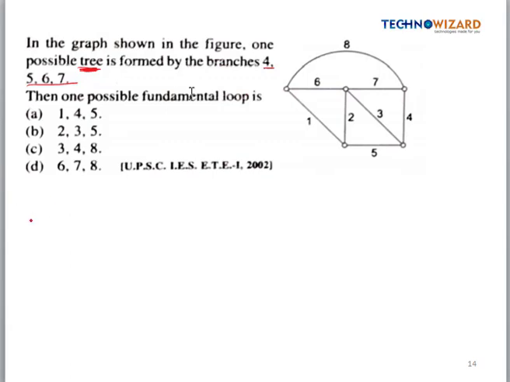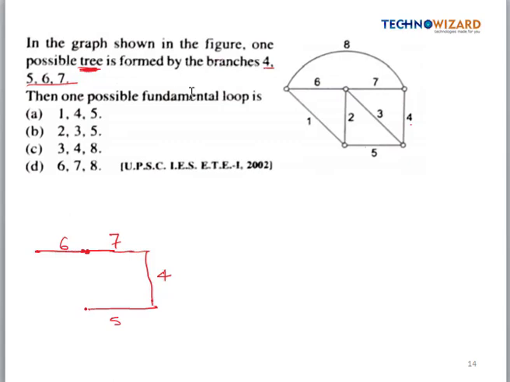We always represent a tree by solid dark lines and the links are represented by dotted lines. Now they are considering the branches 4, 5, 6, 7 as a tree, so I'm going to represent them by the dark or solid lines. So this is branch 6, 7, 4 and 5. This is branch 5, this is 4, this is 6 and this is 7.